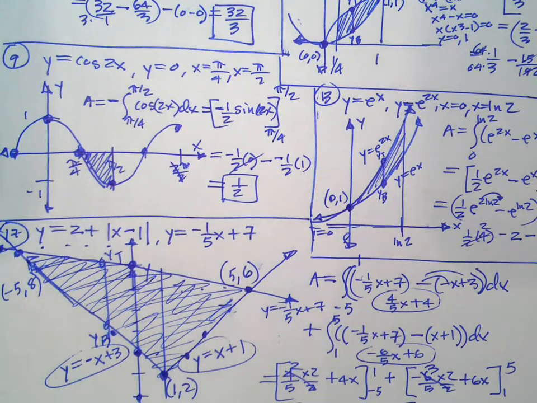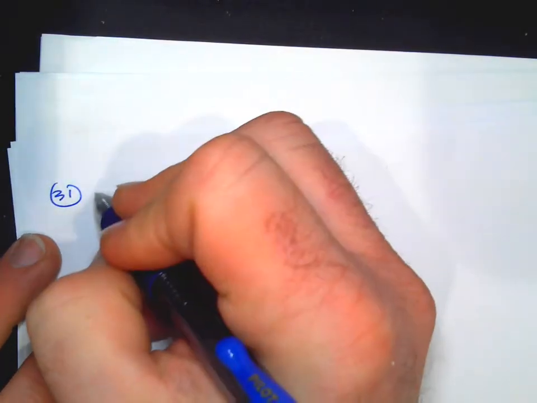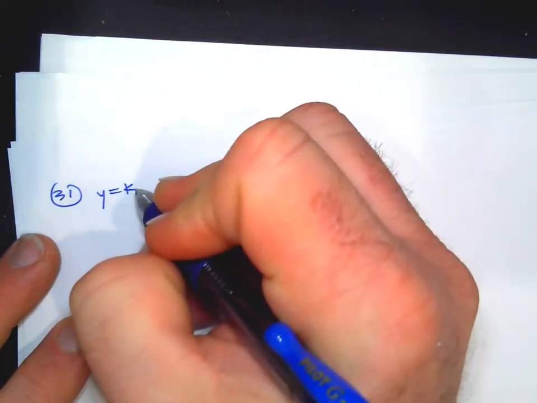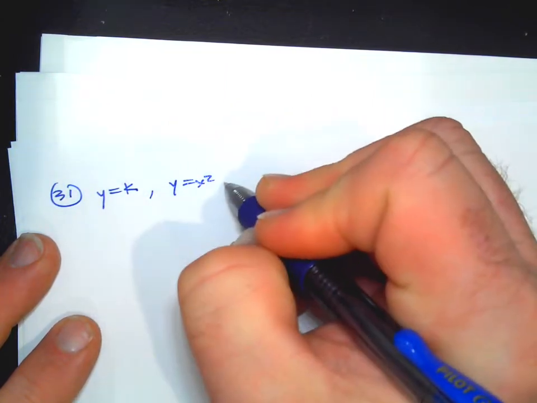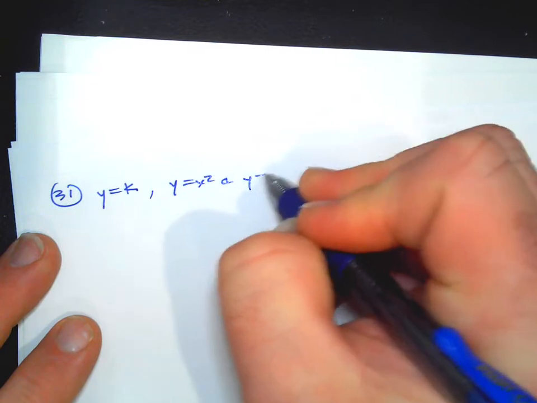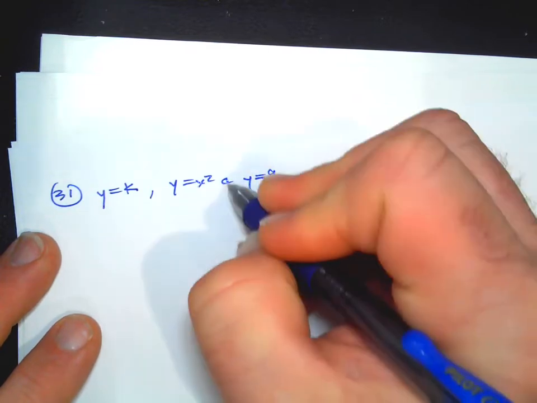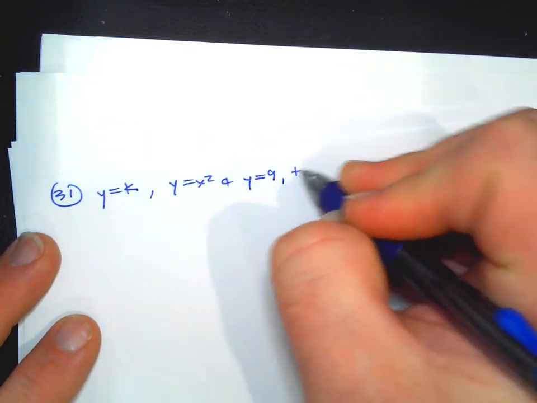All right, a few more. A couple of these new ones that we talked about in the lesson. So 31 says to find a horizontal line, y equals k, that divides the area between y equals x squared and y equals 9 into 2 equal pieces.